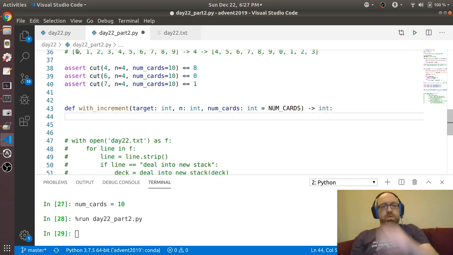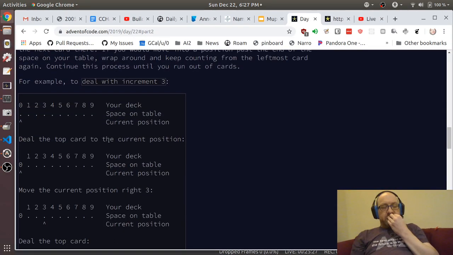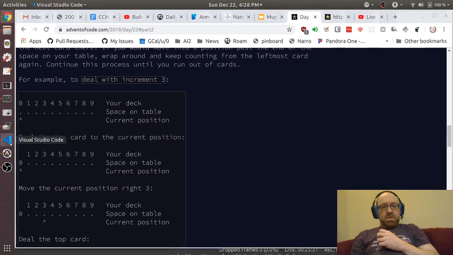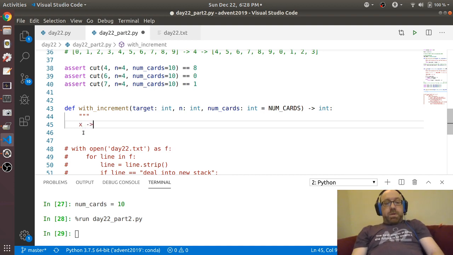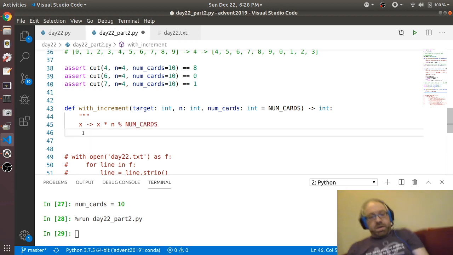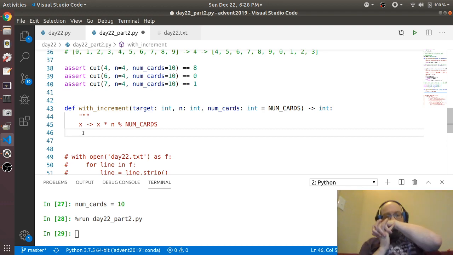And so now let's think about this. x goes to x times n mod num cards, okay? And because of what we've decided, n and num cards have to be relatively prime. Otherwise, you would not cover everything.